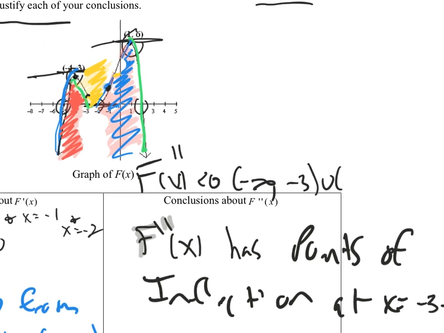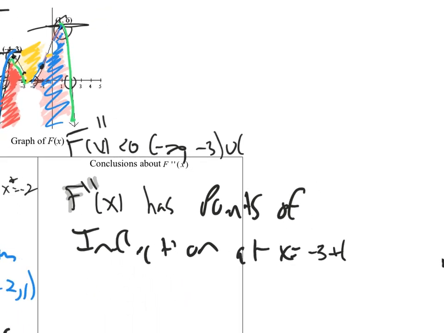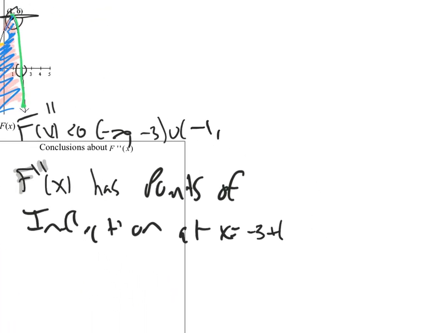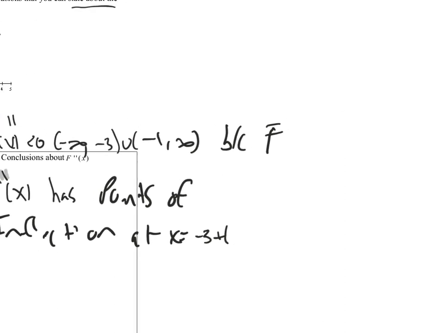Union, I got another concave down from, I'm calling it -1 to infinity. Because f of x, not f prime, f of x is concave down.